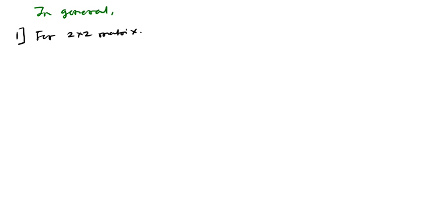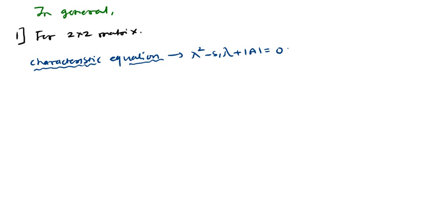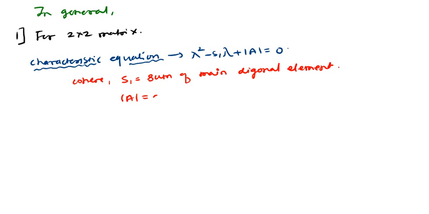For a 2 cross 2 matrix, the characteristic equation will be lambda square minus s1 lambda plus determinant of A equal to 0, where s1 is the sum of main diagonal elements, and this last term is nothing but the determinant of matrix A.